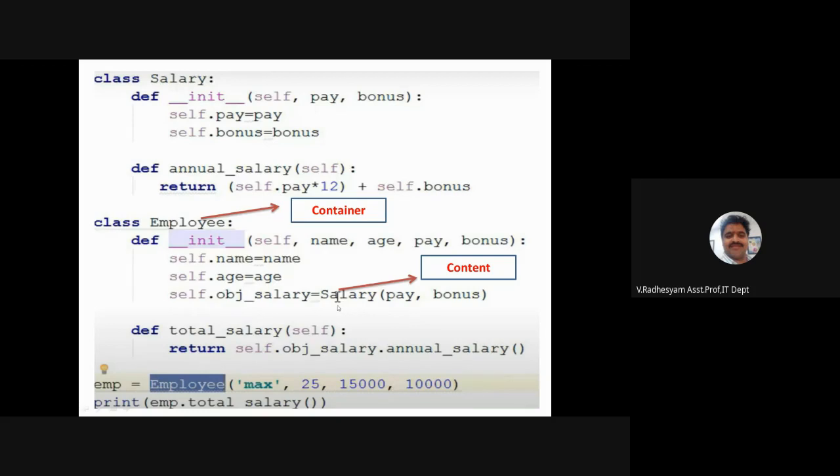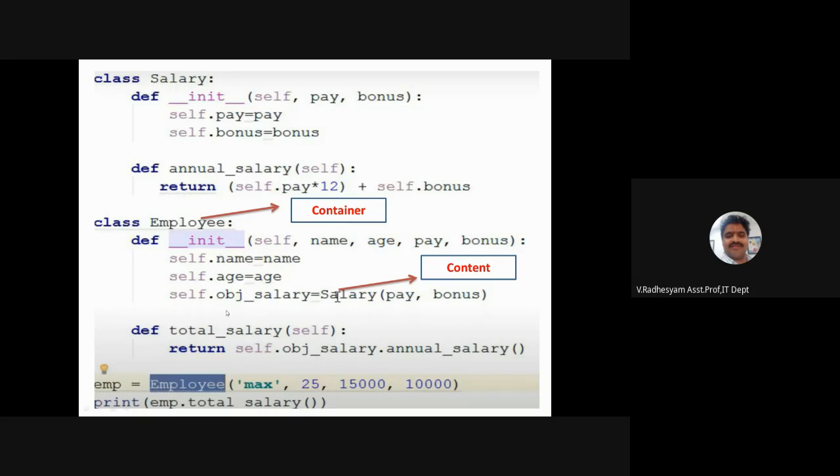You can use this pay and bonus based on this relation. So in such a case, the newly formed second class holds this first class. That first class is called the content and this class is called the container, right?